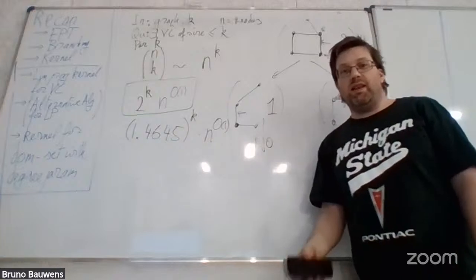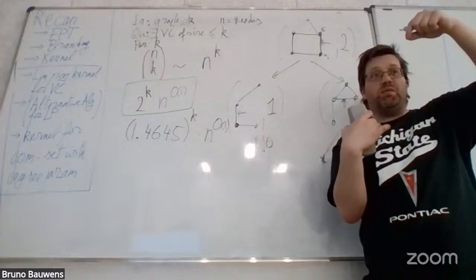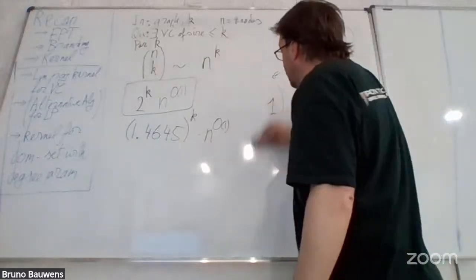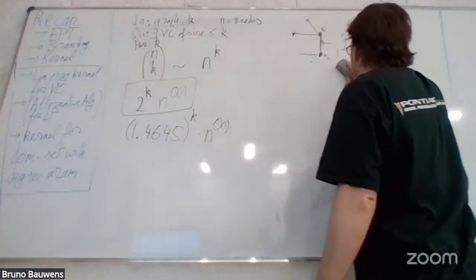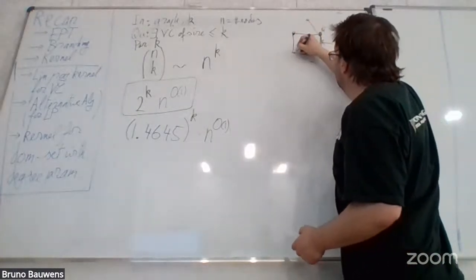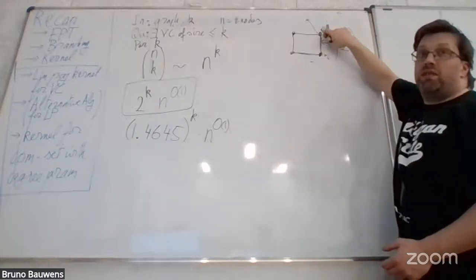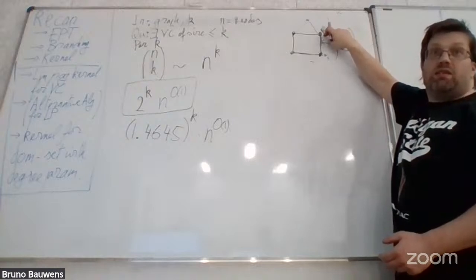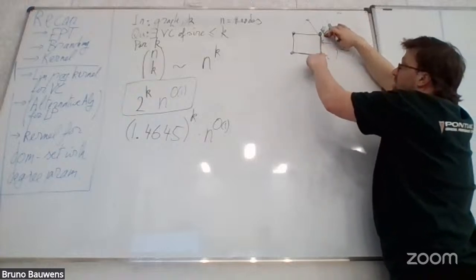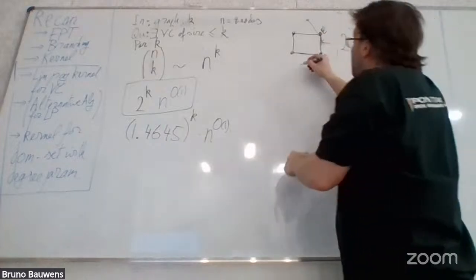So we say that either the node itself should be in the vertex cover or all of its neighbors should be in the vertex cover. This was the idea. So now we have more branches. And so we take a node and we say either this node is in the vertex cover, but if this is not in the vertex cover, then all its neighbors need to be in the vertex cover. And so we have two branches.